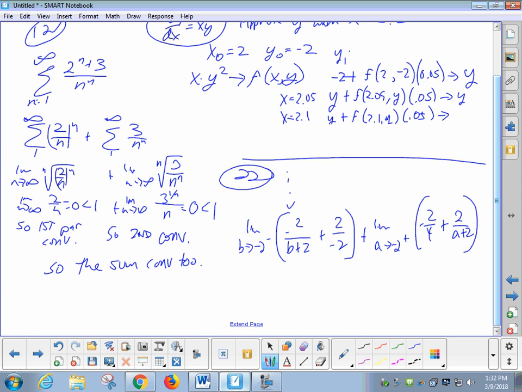In terms of anticipation, I generally use this rule of thumb. If this power is greater than or equal to 1, then when I integrate it, it's still going to be in the denominator.